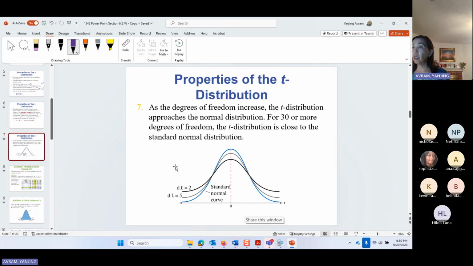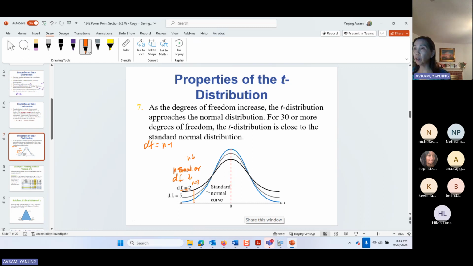All right, this is giving you a little bit of a bell curve to see why, when n is smaller, right? When n is smaller, df is also smaller, because df, degrees of freedom, is n minus 1, right? So look at that. This df is equal to 2. That means n is 3, right?